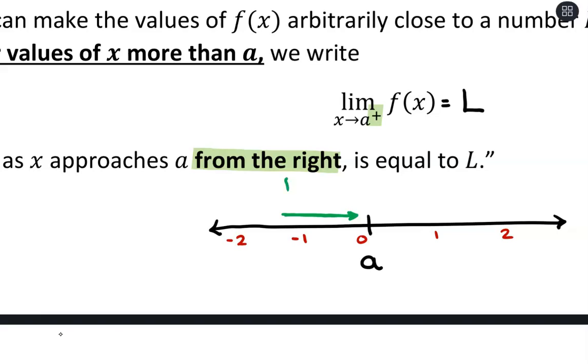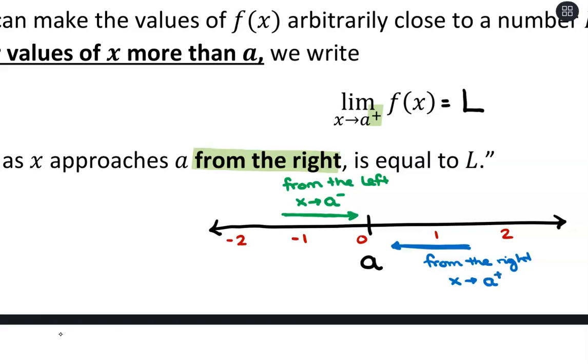So this would be from the left-hand side as x approaches a, and then I would use that little minus symbol to show that it's from the left. And the right-sided limit would be values that are just a little bit more, and we would be getting closer and closer to a from that right-hand side. So this would be x approaches a from the right.